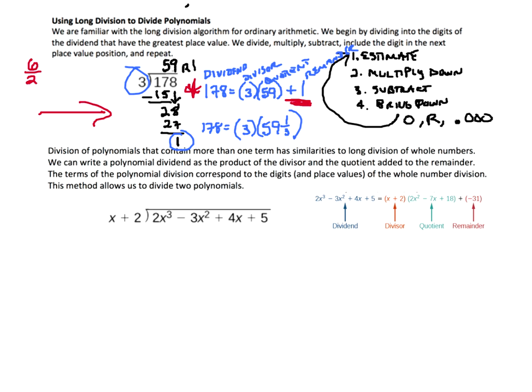So like if I have 6 divided by 2, that's just 3 with no remainder. 3 and 2 are both factors of 6. But if I have 7 divided by 2, that's 3 and 1/2, remainder over divisor. Neither of these, because I had a remainder, are factors of 7.